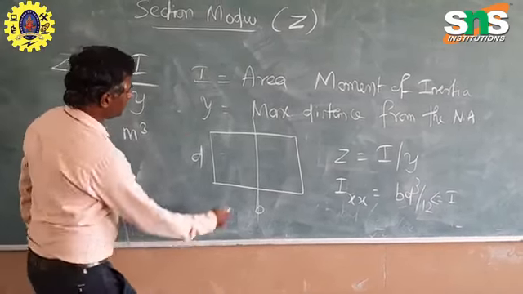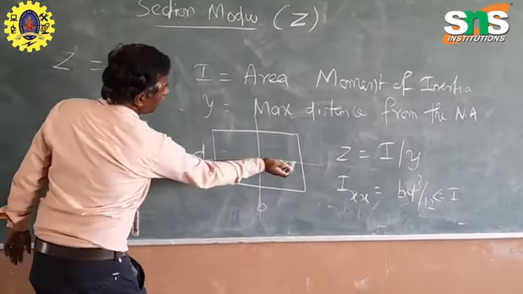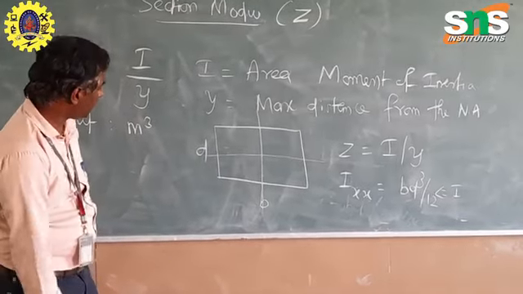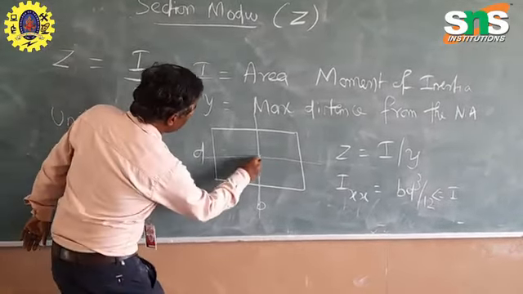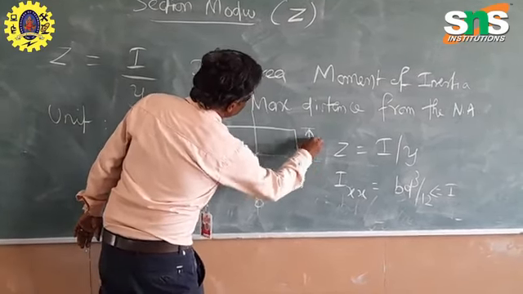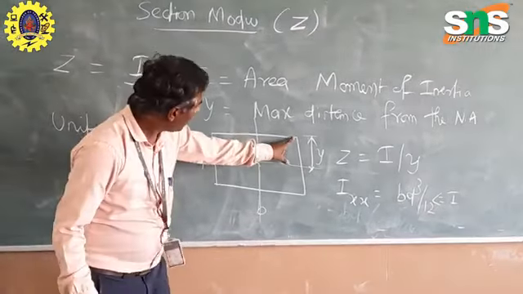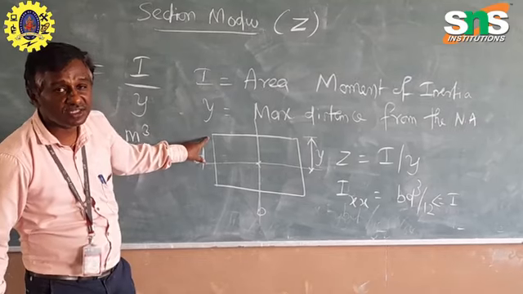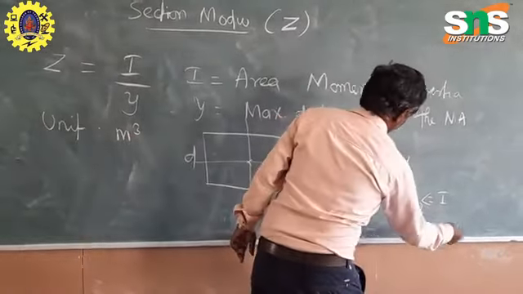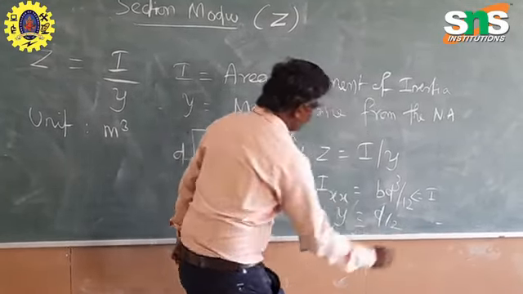This is called the neutral axis, and from the neutral axis the y value is taken. So y is equal to half of the vertical distance, that is, y is equal to d by 2.